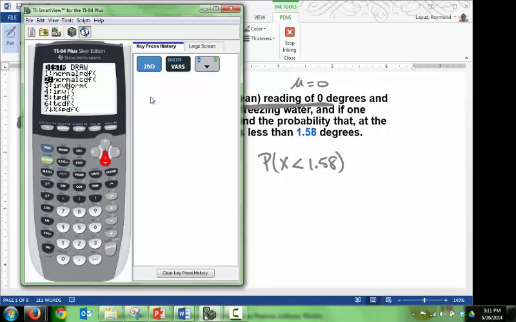Now, the key for the normal CDF, it's going to ask for two things. Actually, it's going to ask for four things. Two or four. For the normal CDF, it's going to ask for a low. Let me write this down first.